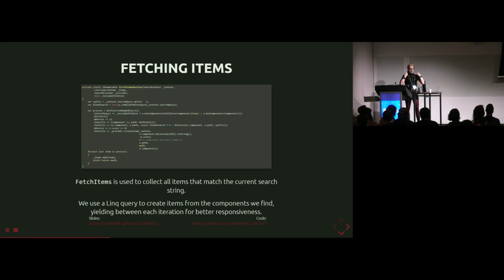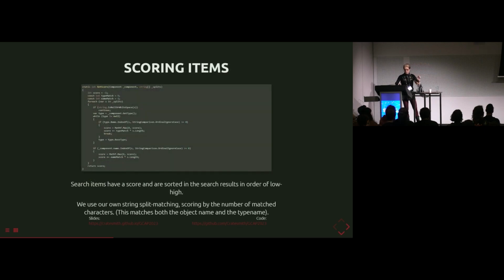And this coroutine gets terminated and restarted anytime someone changes their search text. So this will work just fine like this. It'll change its filter as you go. So very nice. The scoring approach is really simple. It looks more complicated than it is.